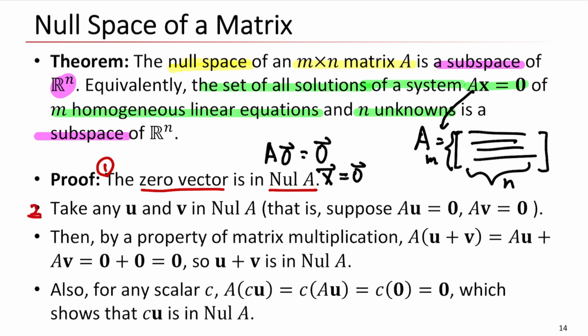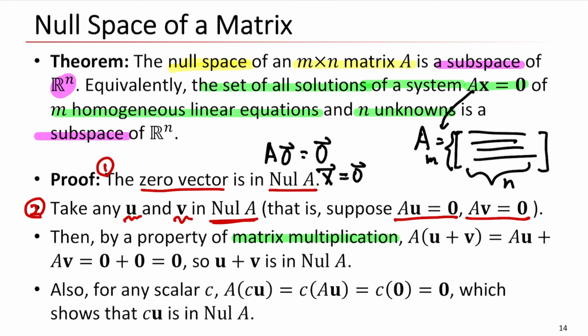Okay, and then to verify the second property, let's take arbitrary vectors u and v in null A. So in other words, Au is equal to 0 and Av is equal to 0. Then by the property of matrix multiplication, you know what it is. If you are not sure, please go back to our previous lecture.